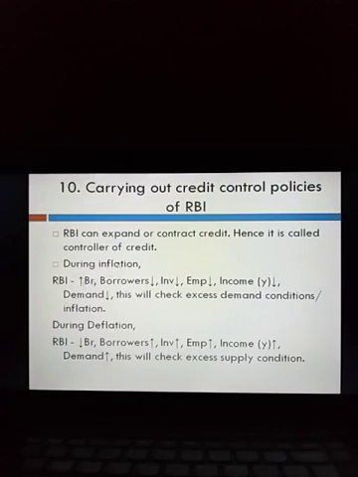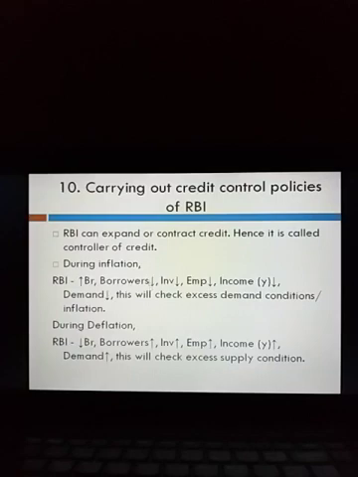We know that inflation is a situation where prices are rising. There is a situation of excess demand over supply. So to control this excess demand, RBI makes a plan. The plan is that RBI increases, see this arrow mark, increases the bank rate. As a result, the borrowers will decrease.